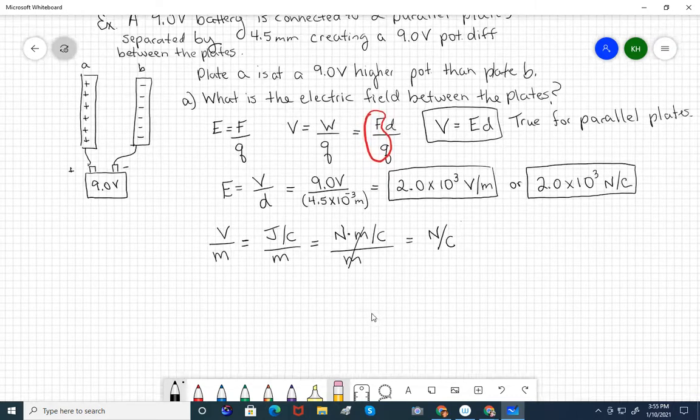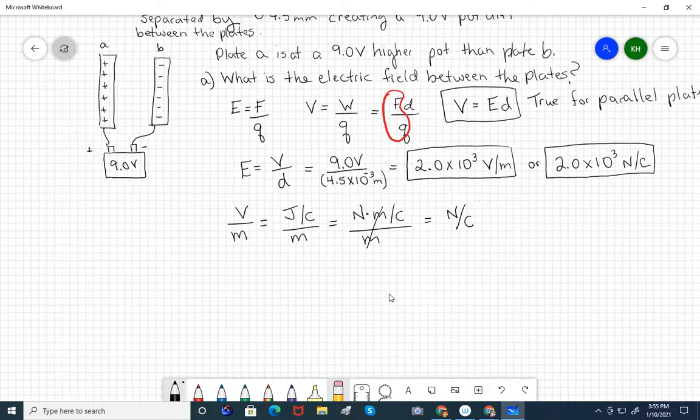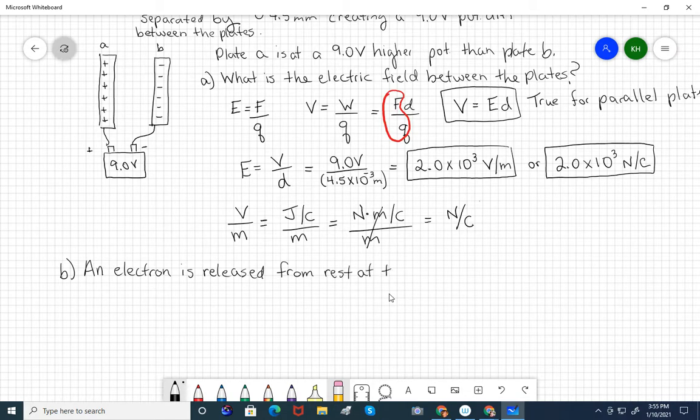All right, let's keep going. There's another part to this question. Part B says, an electron is released from rest at the negative plate.